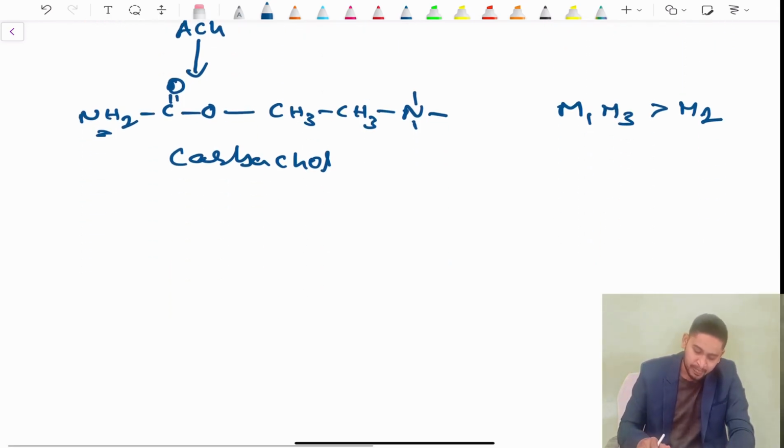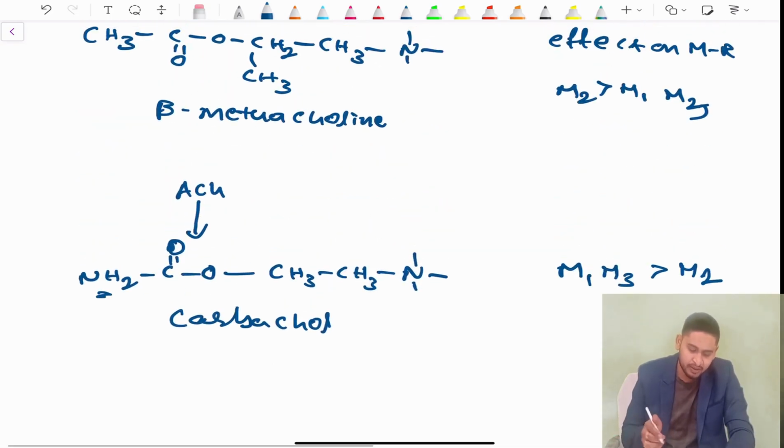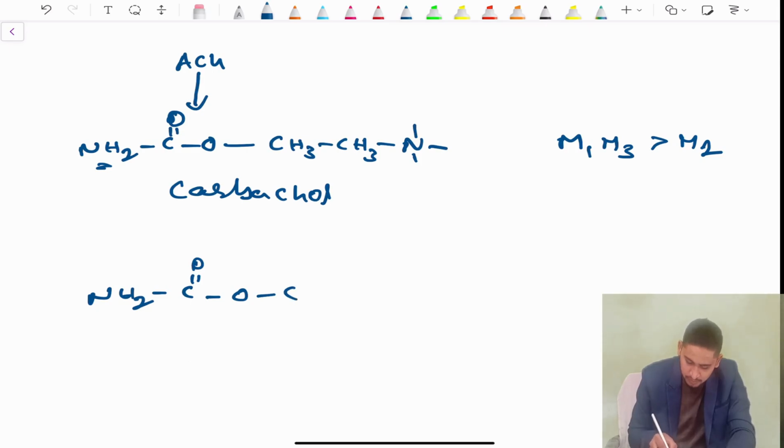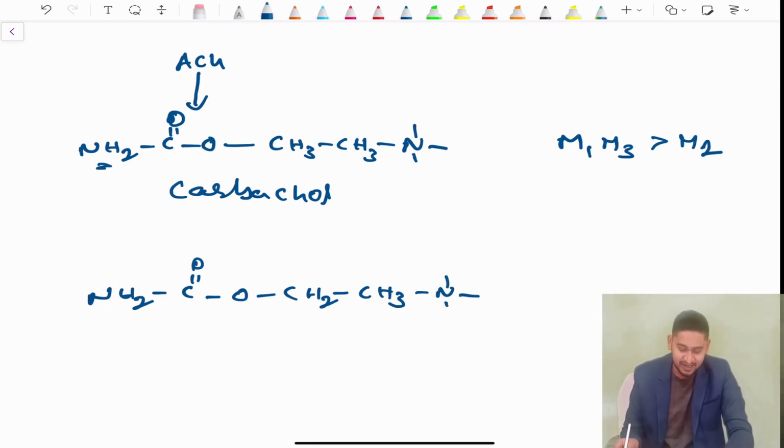Compared to methacholine. Now what I'm doing here is taking the methacholine, and the acetyl group will be replaced with the carbamyl group, where the beta position contains the methylation.